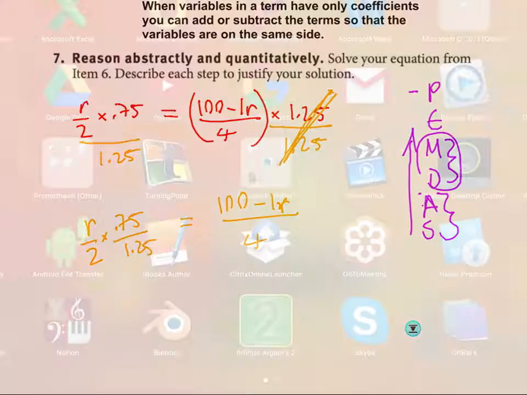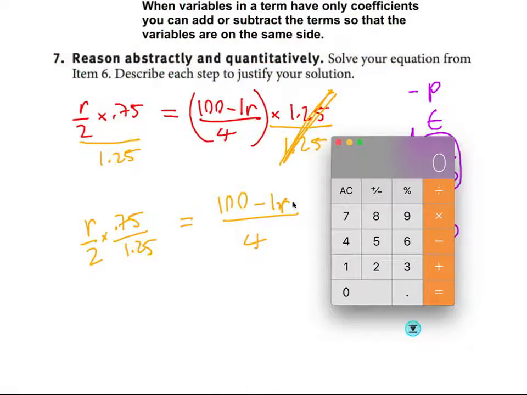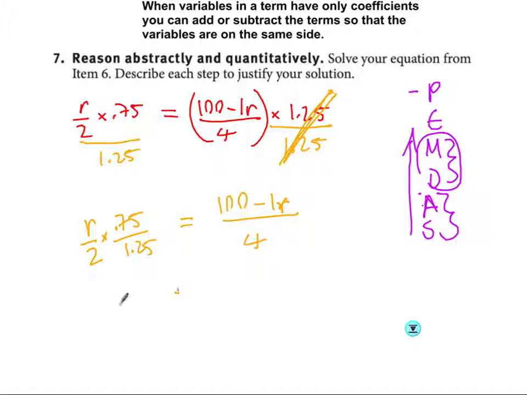Alright, let's go ahead and just grab our calculator here. Let's calculate 1.75 divided by 1.25, and that's going to be 0.6. So we have 0.6r over 2 is equal to 100 minus 1r over 4.